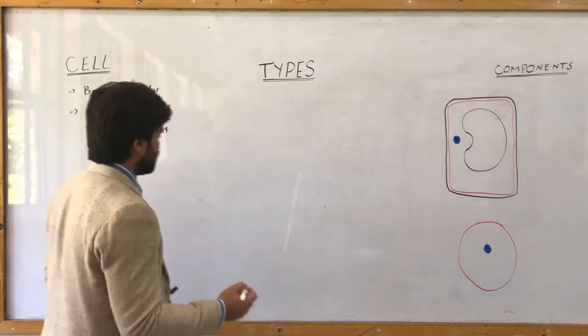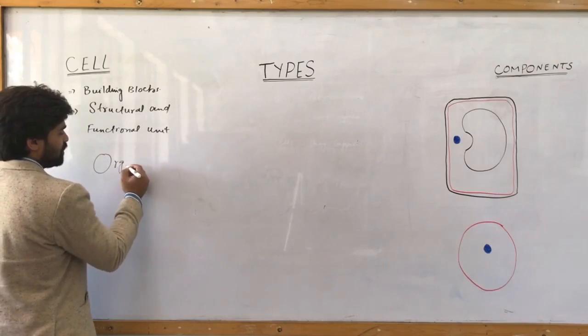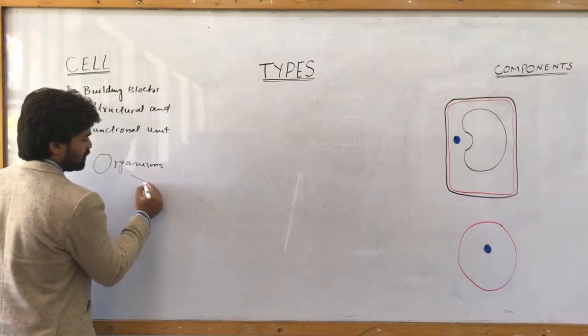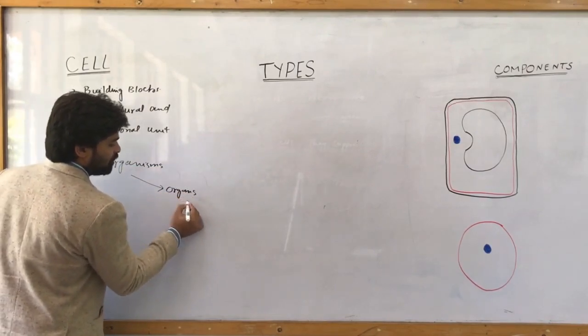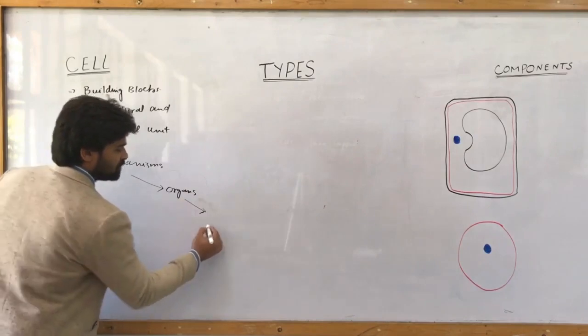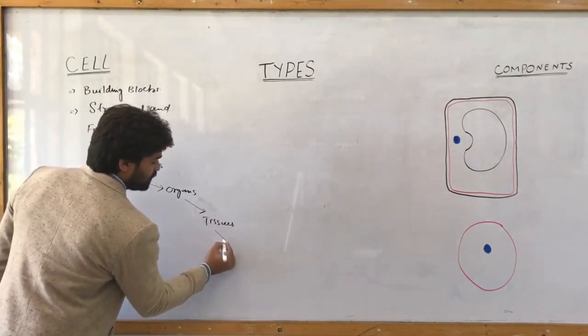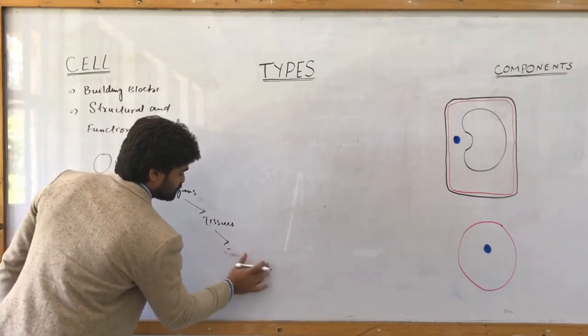Let's say for example, organisms contain organs, and organs are made up of tissues, and tissues are basically made up of cells.